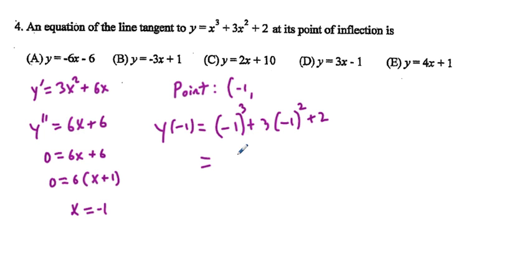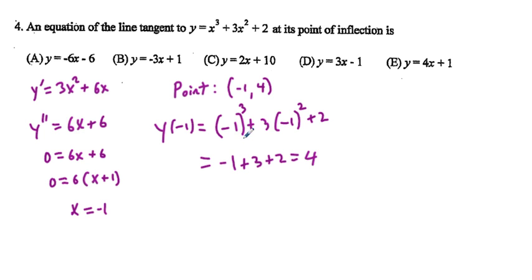And -1 cubed is -1 plus 3 times -1 squared, that's going to be plus 3 plus 2, which is going to be equal to -1 plus 3, that's going to be 4. So that's going to be our y value, 4.